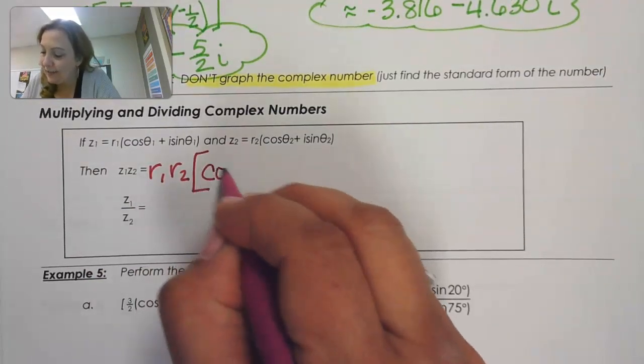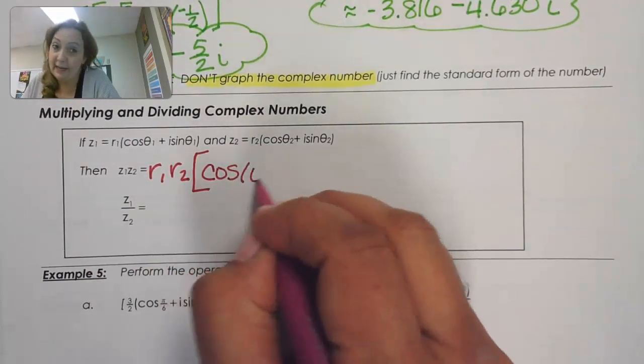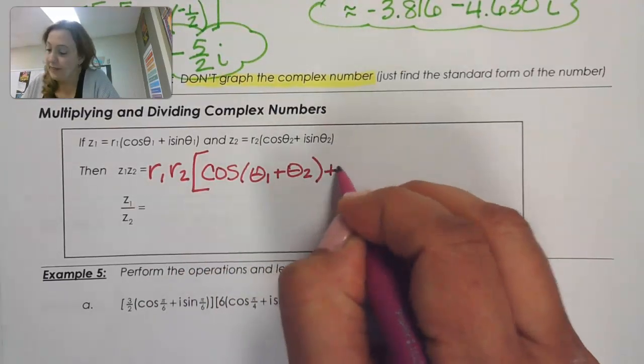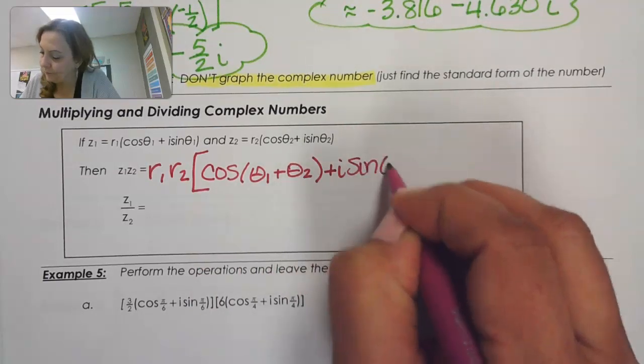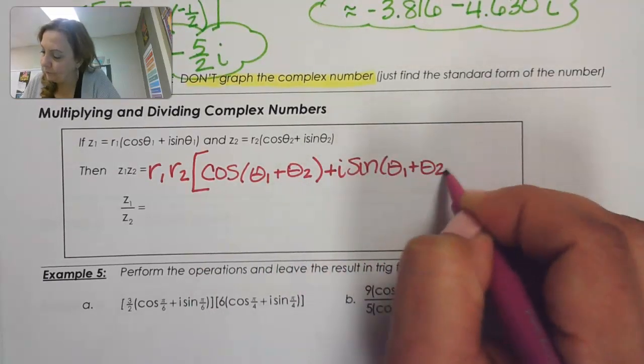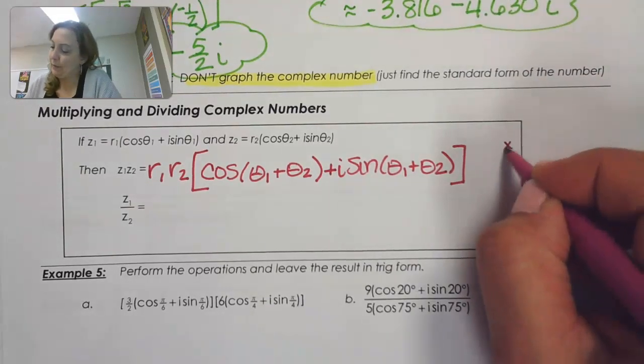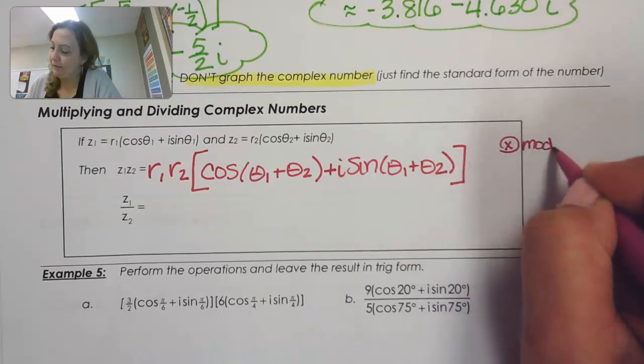Then we take the two arguments, theta 1 and theta 2, and add them together. So again, we multiply the moduli.